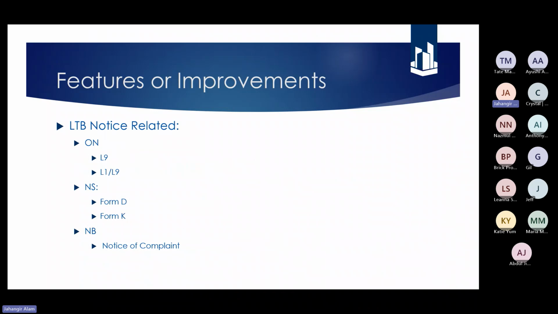Now we have four. So I think we implemented two LTB forms for New Brunswick. I listed one here, the notice of complaint. For Nova Scotia, we now have two forms, Form D and Form K. For Ontario, we have L1 and L9, L9 having been introduced into the forms section.